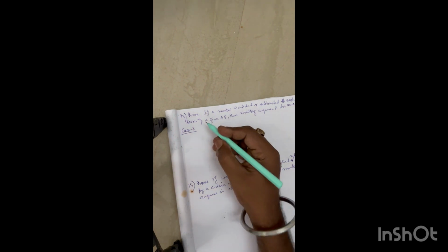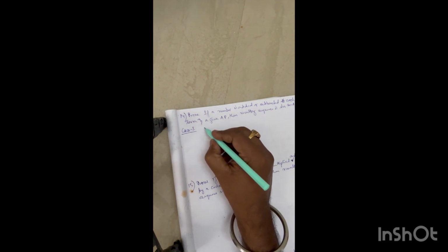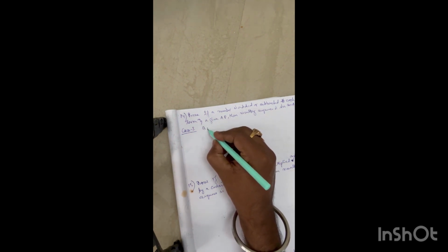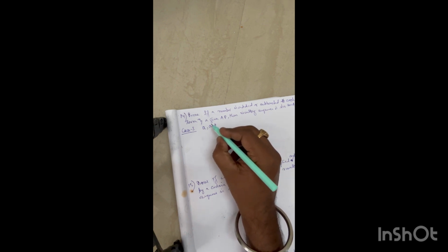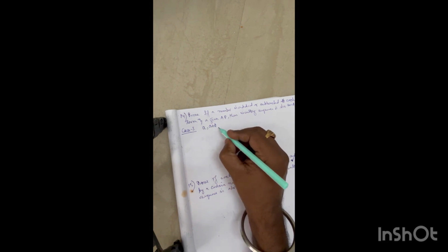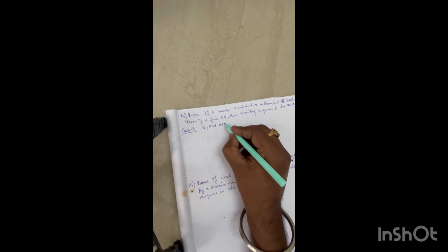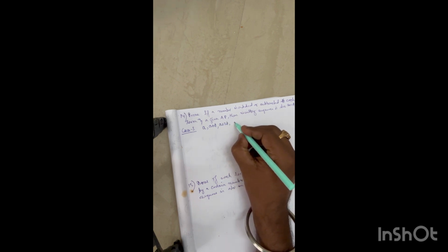For a better understanding, we can represent it with the first term and the common difference. So we are taking a, a plus d, a plus 2d, where a is the first term and d is the common difference. This is the actual AP we are talking about.